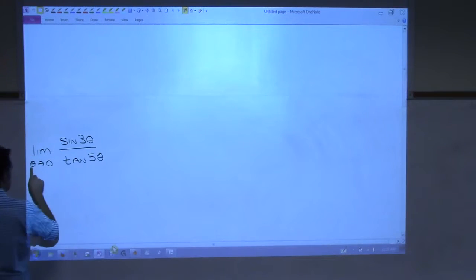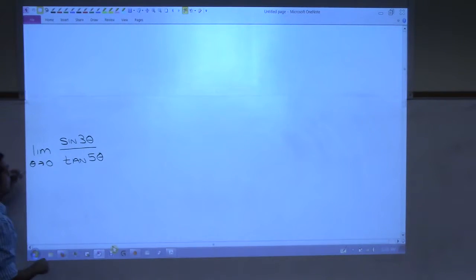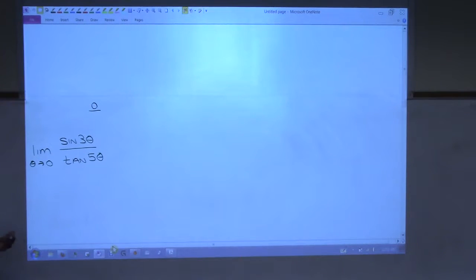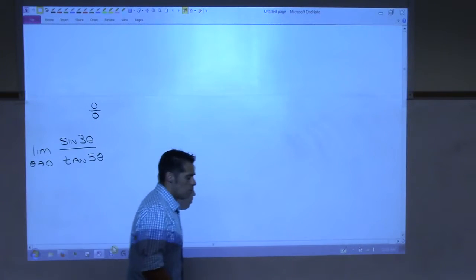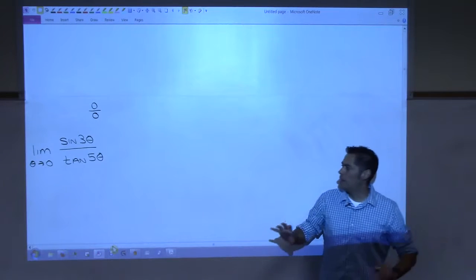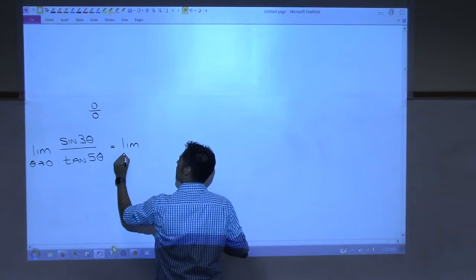All right, so we started with theta going to 0, which would mean 3 times 0 would be 0, and sine of 0 is 0. So we get 0 divided by, and then on the bottom we get 0 again because tangent of 0 is 0. So we knew that already. And so what I had us do in class was peel this thing apart. I'm hoping that you all are comfortable with that.